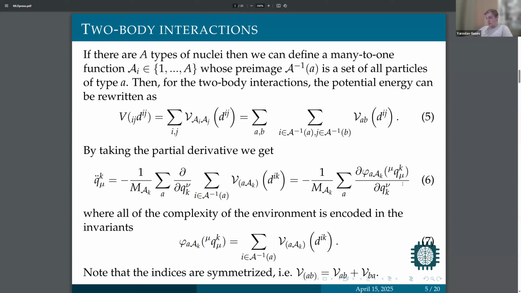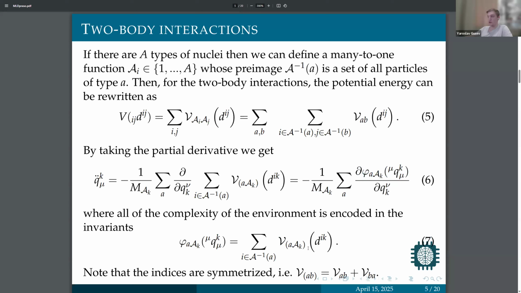And here the important comment is that if we drop the first equality and only consider the right one, so essentially if we don't have equation 7, if we only have somehow defined fields phi or invariants, it is a more general case because your invariants do not need to be defined as a sum.